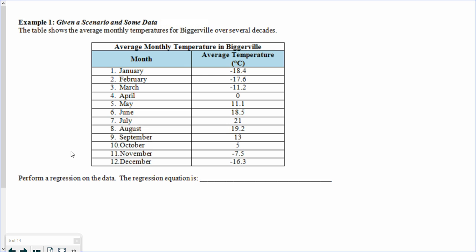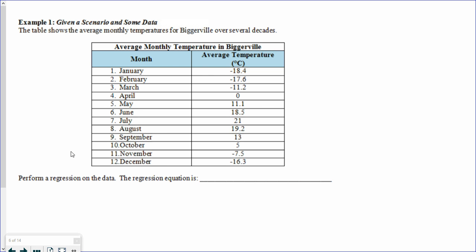What you can put in though is month 1. January is month 1, February is month 2, March is month 3, and so on. And then have the corresponding average temperature for the month in your L2. So when you perform the regression, pause it, put it in, see what you get.